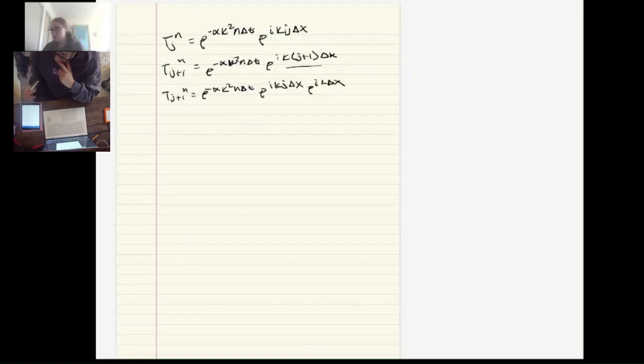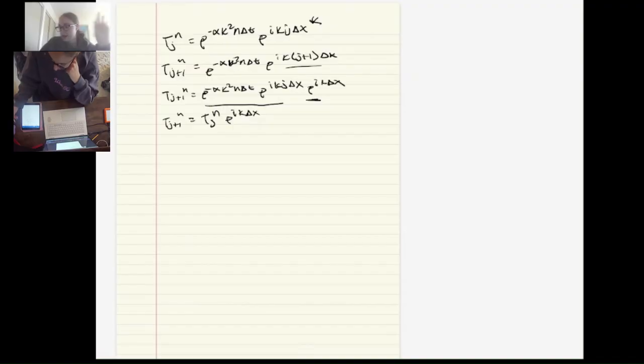Okay, so we can see here this is this here, so we can just plug that back in. So we'll have T_j+1^n is equal to T_j^n, and then what we have left is right here, e^{ik delta x}. So this is going to be our equation for T_{j+1}^n.